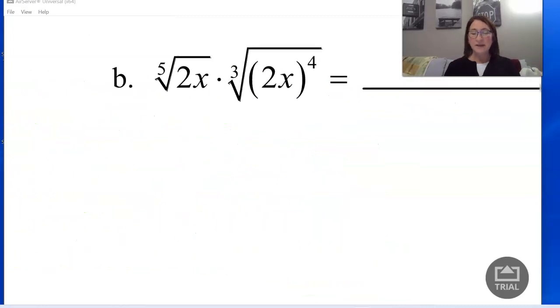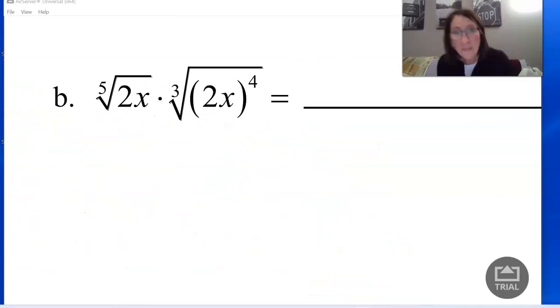Let's go ahead and look at B. Okay, so with B, I'm going to first change these to fractional exponents.